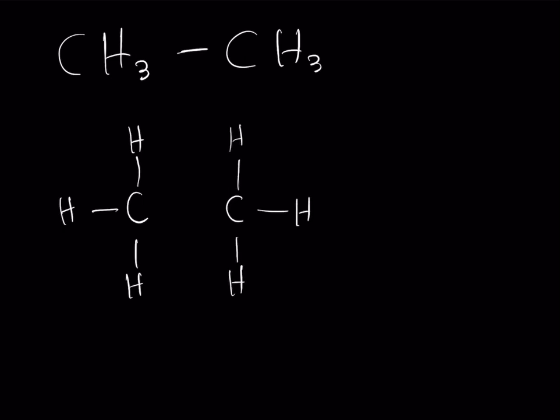And all the hydrogens have 1 bond, right? So they're good, but carbon here has only 3 bonds, each one of them. So if you connect them to each other with a single bond, they're both going to have 4. So this one's going to have 4, and that one's going to have 4. So that's how you know that this structure looks like this.